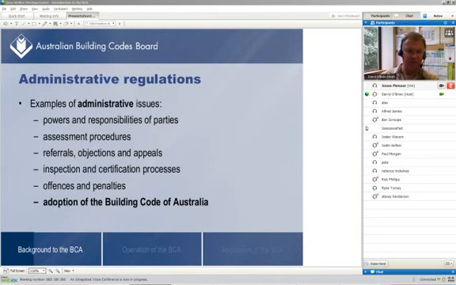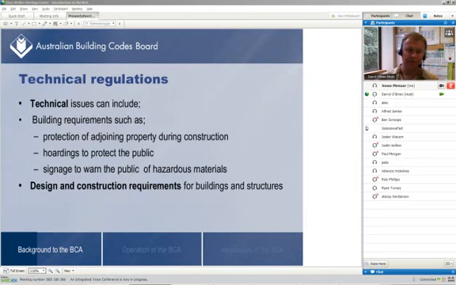Okay, so examples of administrative parts of a regulation are powers and responsibilities, assessment procedures, referrals, objections and appeals, the inspection and certification process, offences and penalties, and adoption of the building code. And you'll find those within Queensland in the Building Regulation 2006, and other states and territories would have similar legislation as far as a regulation goes.